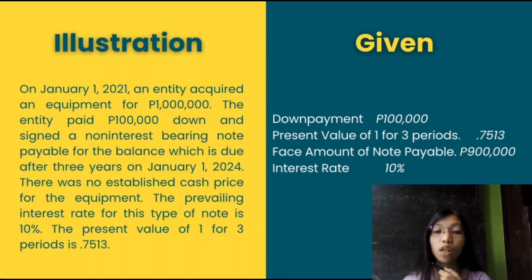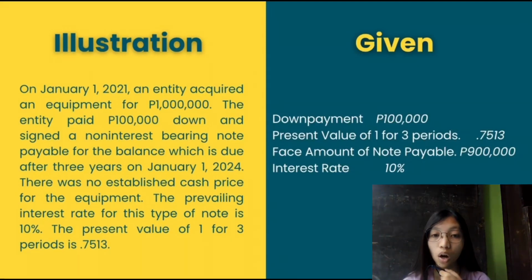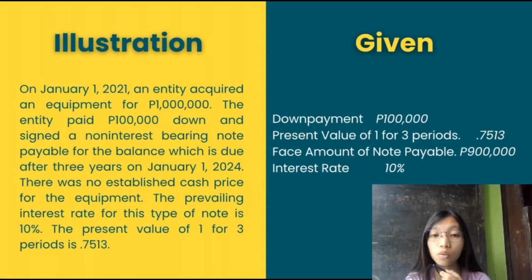So from the given illustration, we have the given amounts of 100,000 pesos, which is the down payment, the present value of one for 3 periods, which is 0.7513.